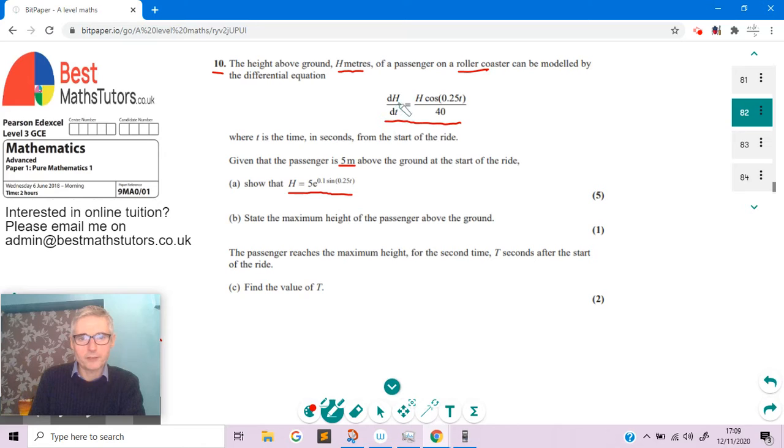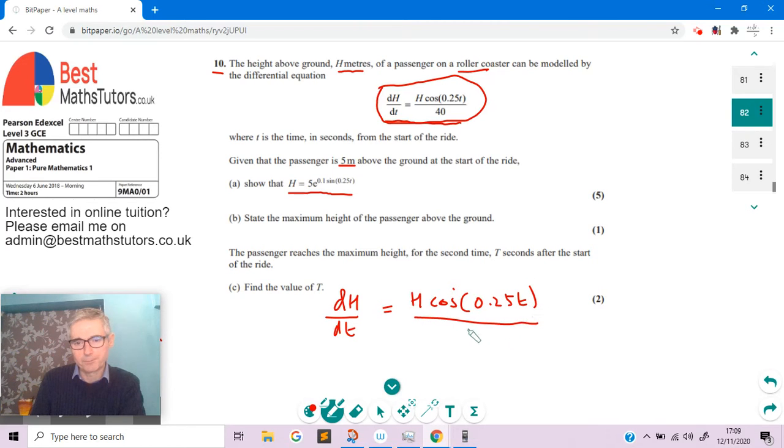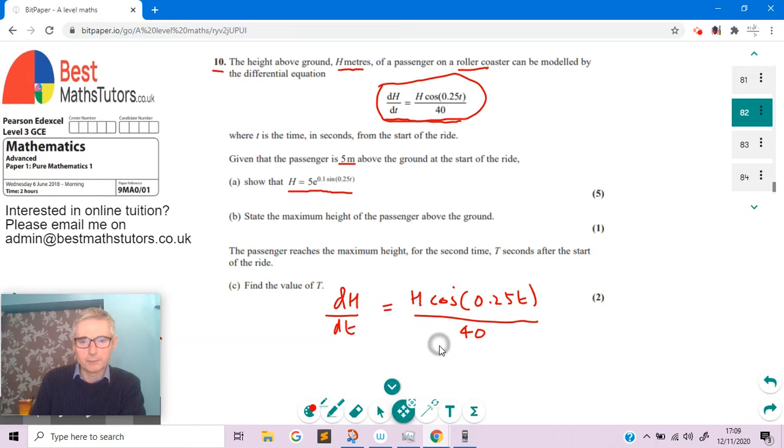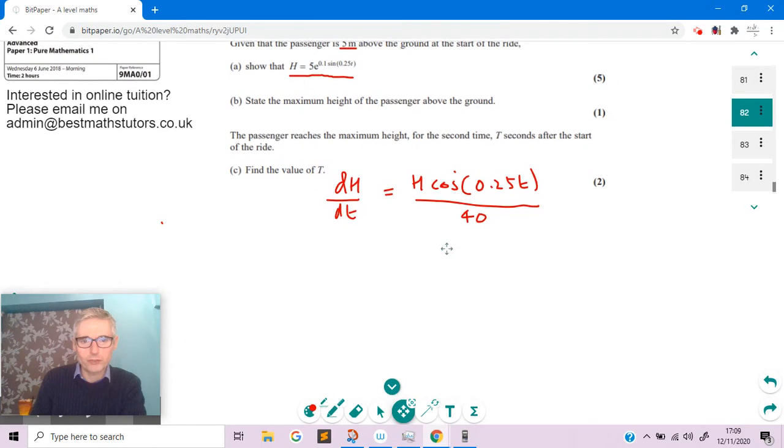So what we have to do is go to our differential equation here. I'm just going to write this out again: dh/dt equals h cos(0.25t) all over 40. We can actually treat dh/dt as though it's just a fraction.